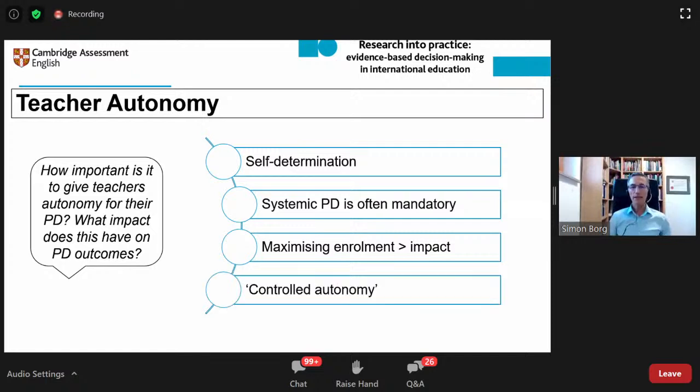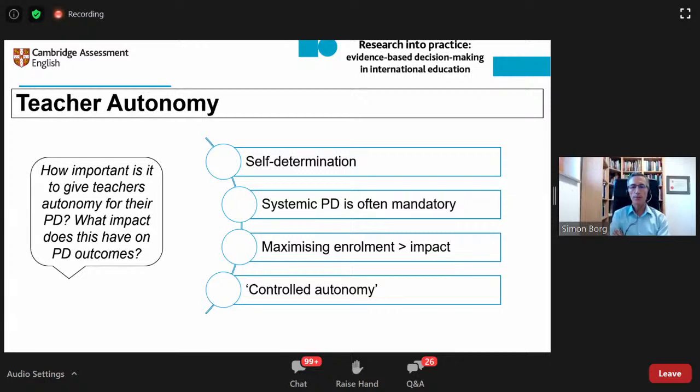So what we have then here is a situation where we somehow need to find a balance between the benefits of self-determination and the more practical needs of maximizing teacher participation. And a concept such as controlled autonomy is perhaps a useful one to work with in those contexts.